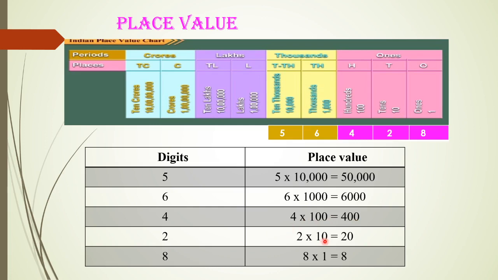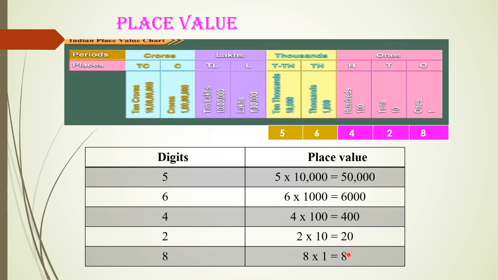That is 2 into 10 is equal to 20. And in the case of the last digit 8, 8 is at 1's position, so you multiply 8 by 1 and you get 8.